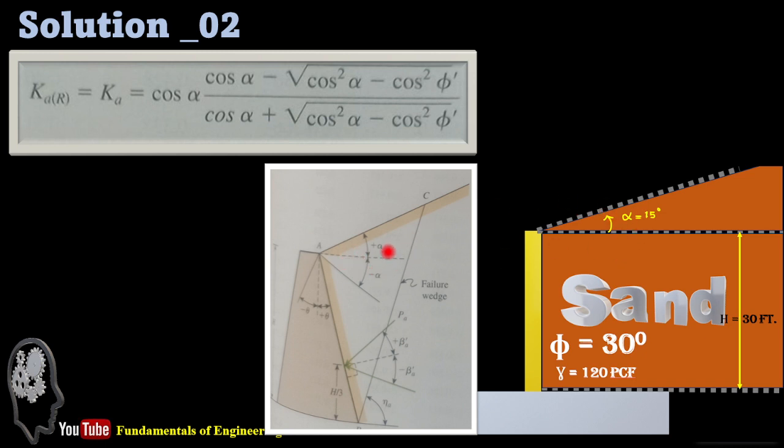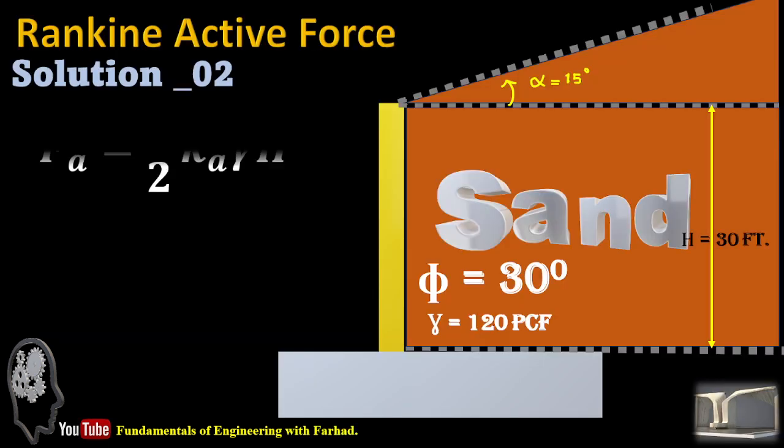So this is a positive alpha, and definitely we don't have any theta because there is no horizontal sway of our wall there.